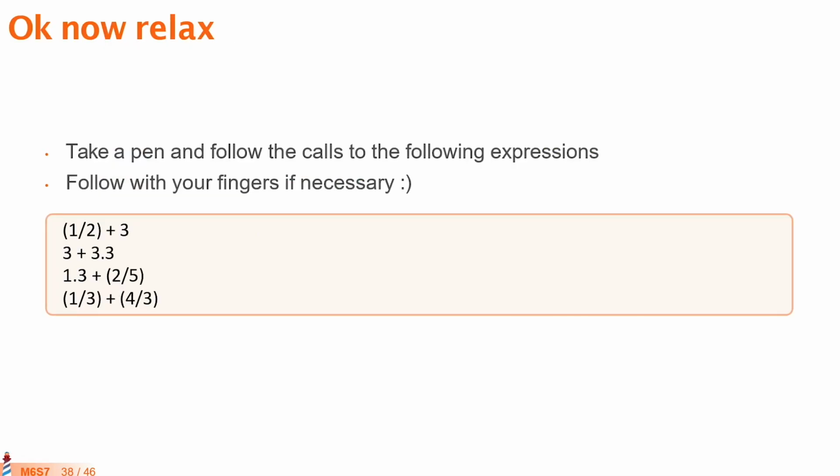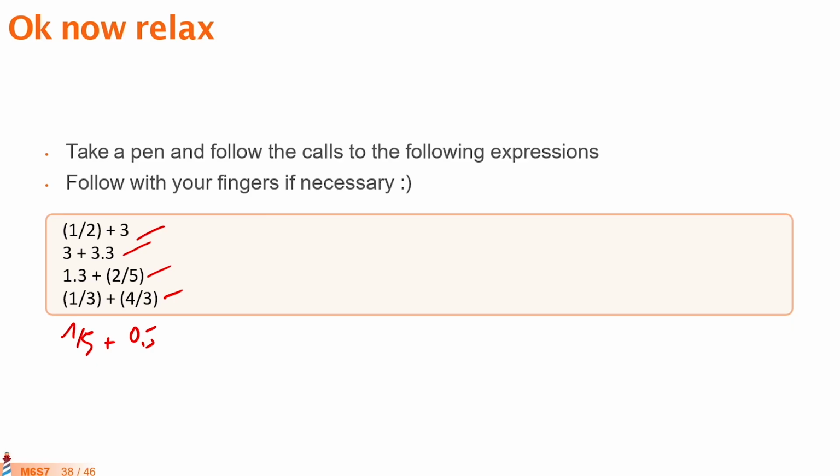So now you can relax. If you really want to understand, or if you need it, just take a pen and follow the calls. The code in the previous slide manages all those cases. This is quite nice, and even more than that, it will manage 1.5 plus 0.5, for example, without problem.